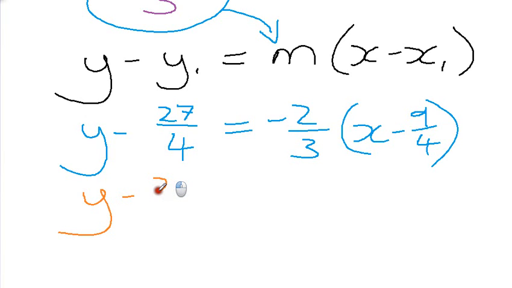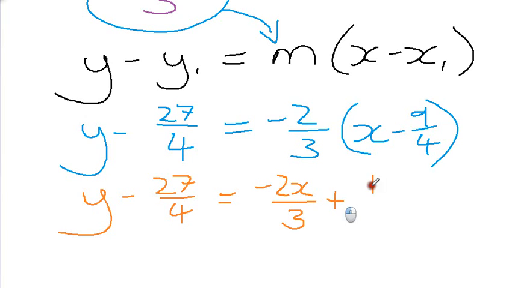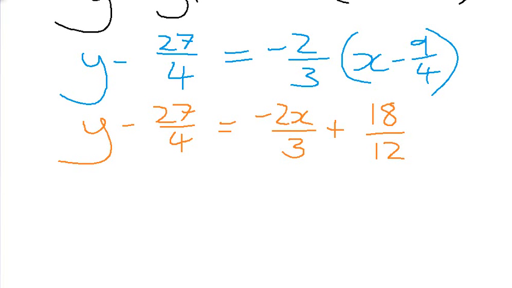So y minus 27 over 4 is equal to minus 2x over 3 plus 18 over 12. So minus 2 times 9 is, yes. So then we can simplify 18 over 12, we can divide both of those by 3, oh actually, rather than do that, perhaps it's better if we get this one over 12 and this one over 12 as well.